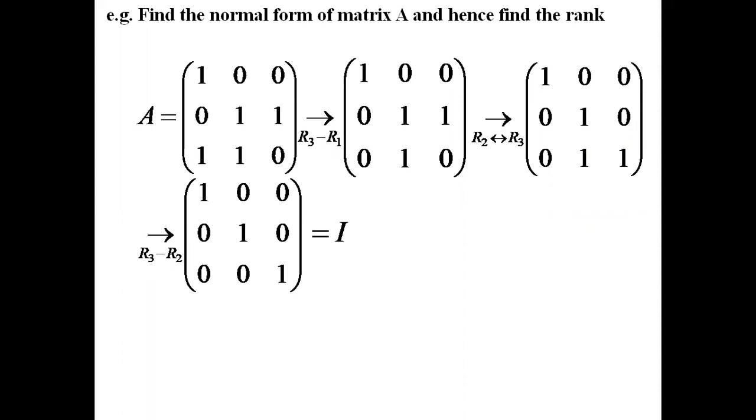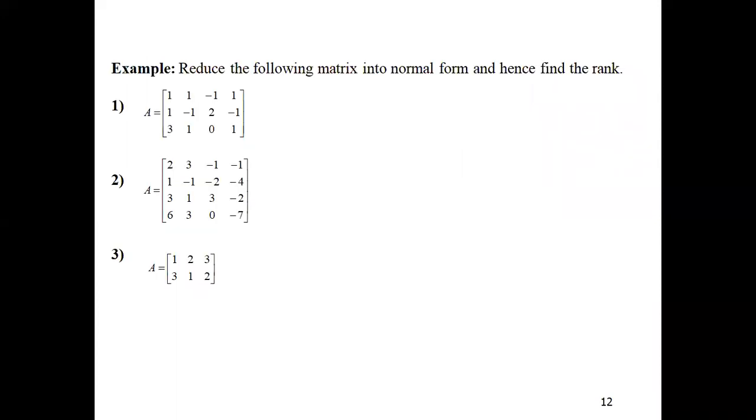Sir, are you showing us the new example? Yeah. So these are the homework examples. In the last lecture, I already gave you the same example to solve by using row echelon form. Now you need to solve the same example by using normal form.